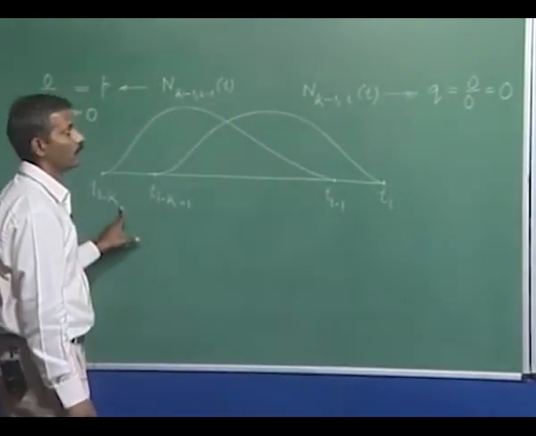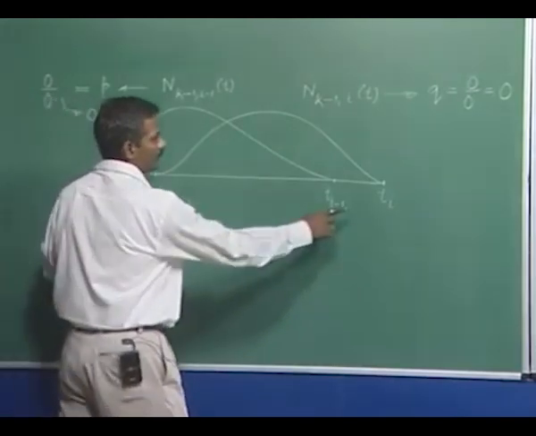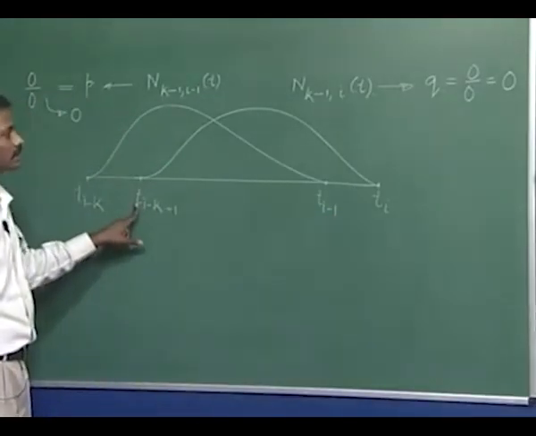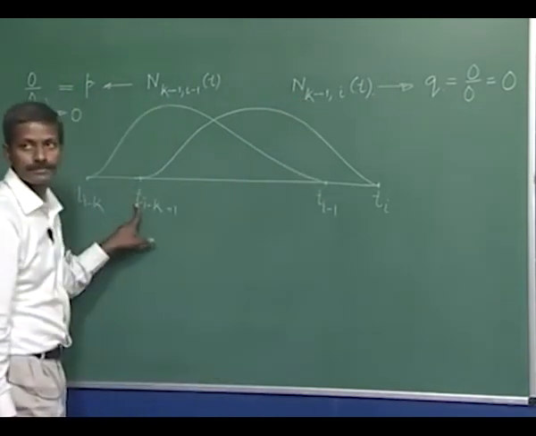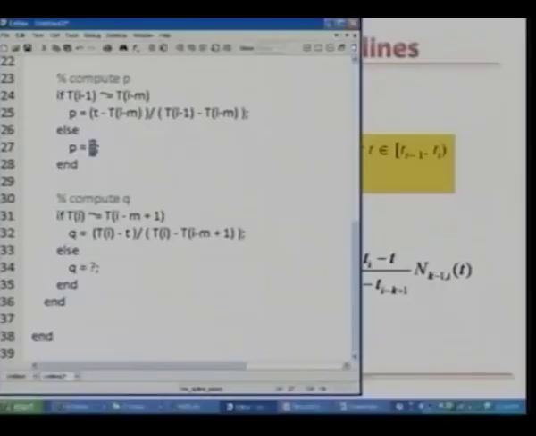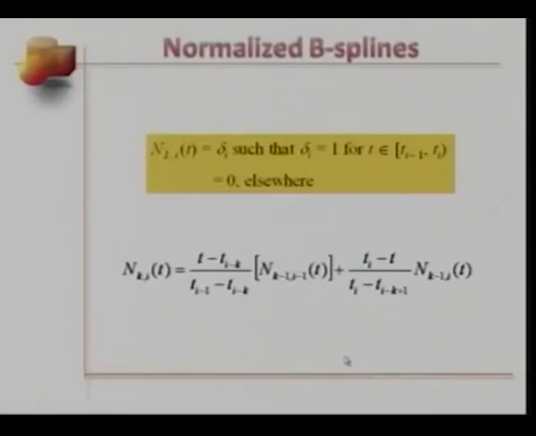Otherwise, for t not equal to these multiple knots, N k minus 1, I will be 0. We'll keep this in mind and use p equals 0 here and q equals 0 here. If you look at this expression here, we have computed p and q.